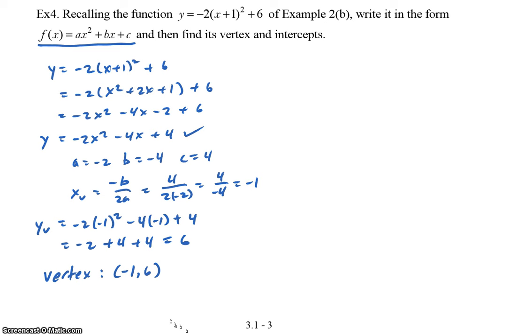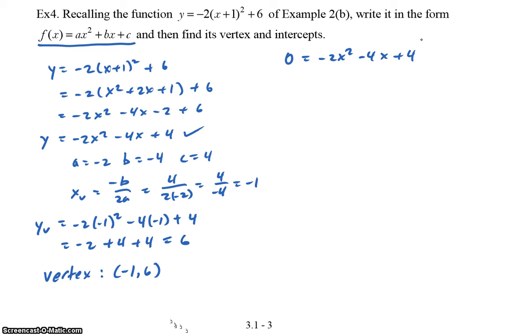Next we'll find the intercepts, again working from this more general form. And for the x-intercepts, you want to set y equal to 0. So we're going to be solving the equation 0 equals negative 2x squared minus 4x plus 4.